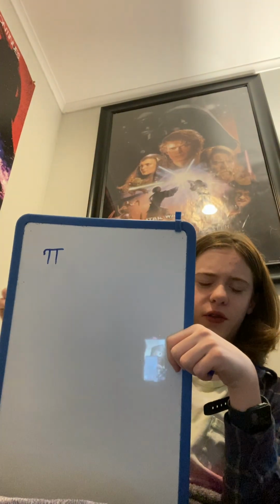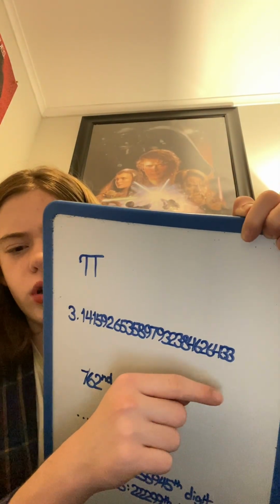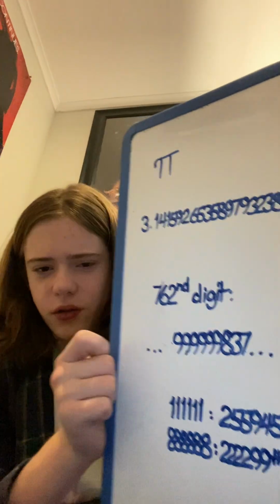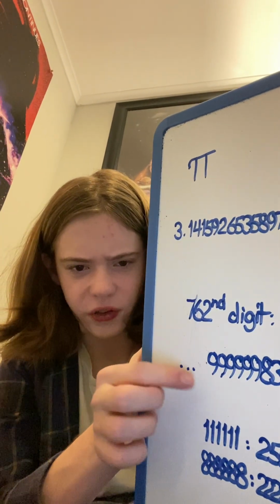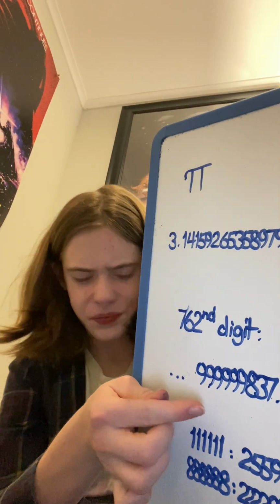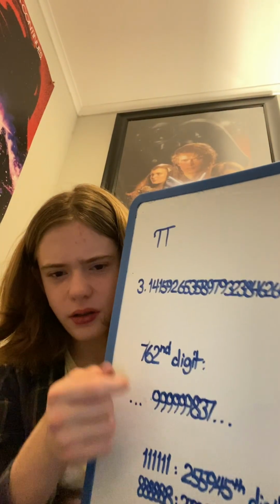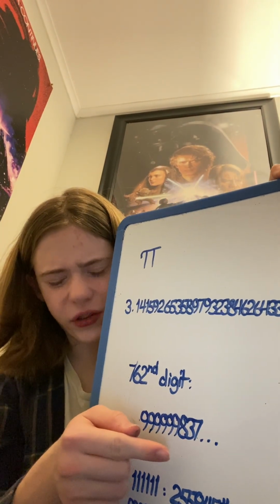Now, what is going on in pi right now? Here's what pi can tell us. So, this is the first 25 digits of pi. They look pretty random, right? Well, go to the 762nd digit of pi, and that digit is 9, and then it just goes in this weird pattern for 6 digits, and starting at the 768th digit, it goes back to being irrational.